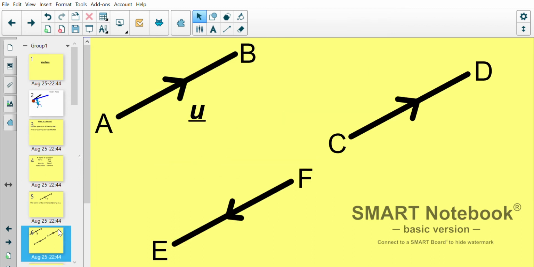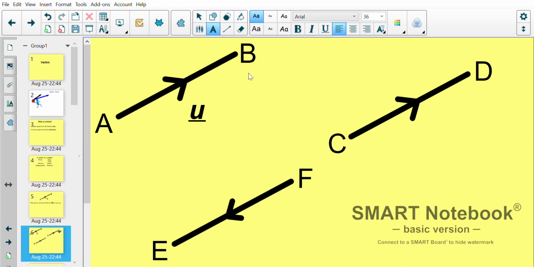But going back to the way things were, you may be asked to name these vectors different ways. I can promise you I've copy and pasted these vectors. So in general, the theory should be there that they're all the same length. These are all the same size of vector, and they are all parallel to each other. But we have to name these vectors.